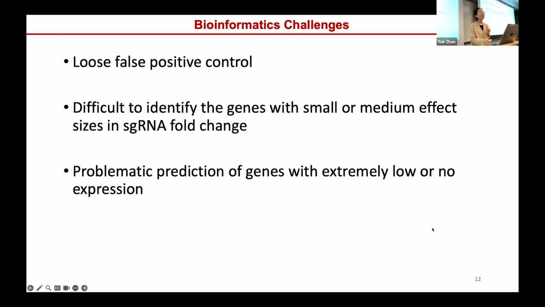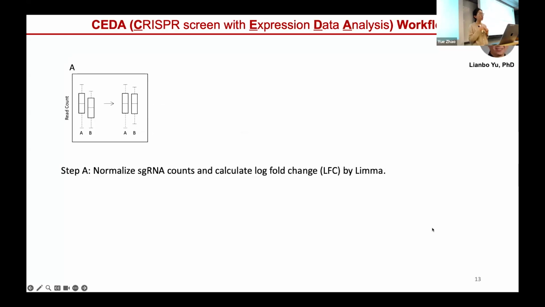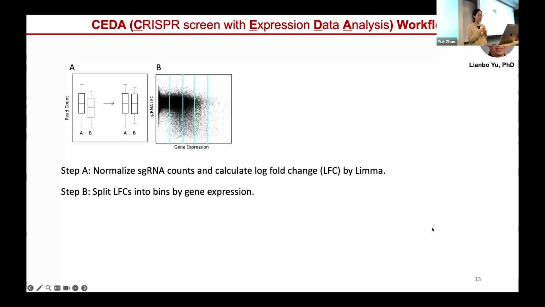So therefore, we developed CEDA, short for CRISPR screen with expression data analysis workflow. Thanks to my collaborator, Dr. Lianbo Yu, who contributed a lot to this method development. The CEDA workflow contains 5 parts. Step A is to normalize guide RNA counts and calculate the log fold change by limma. Step B is to split the log fold change into bins by gene expression, so here we started introducing gene expression data.